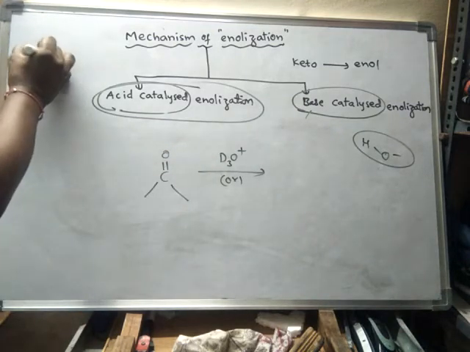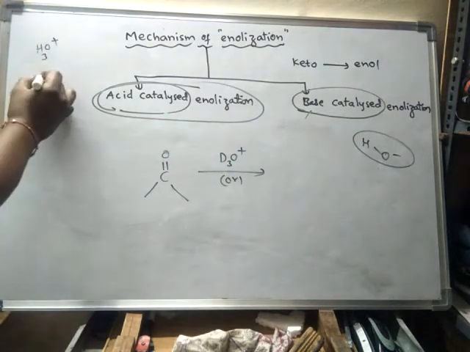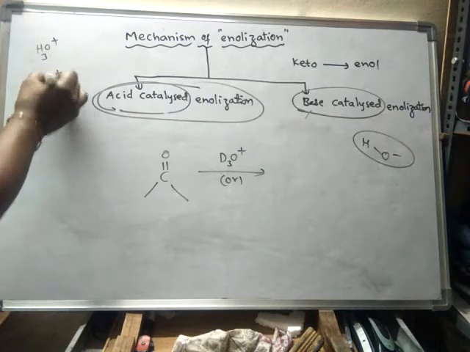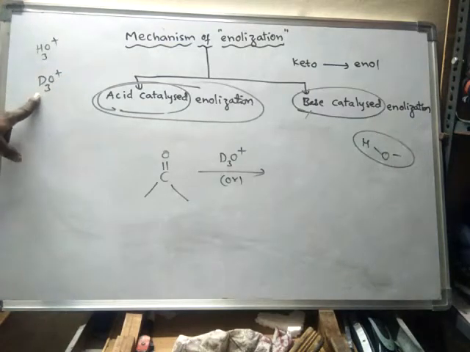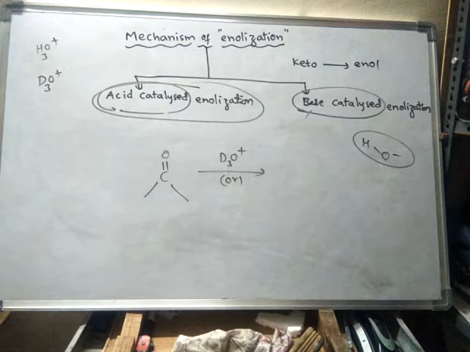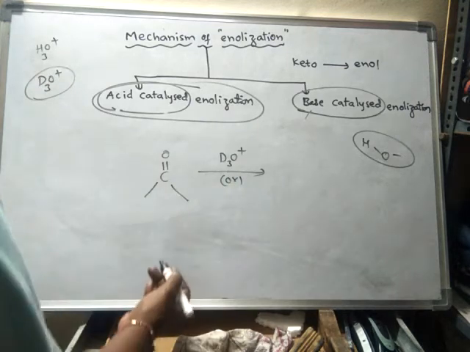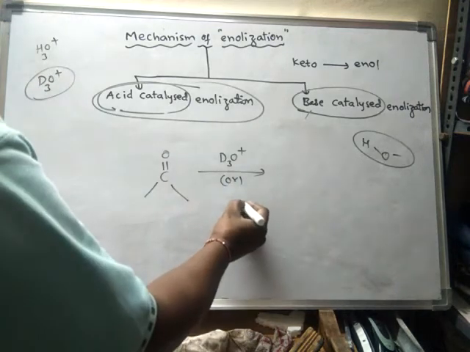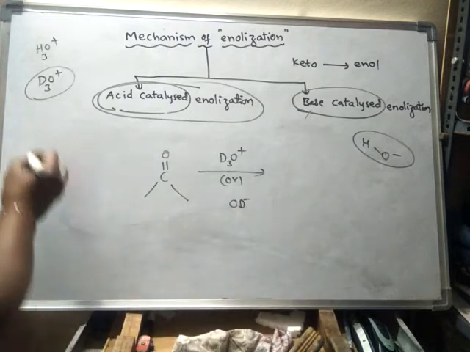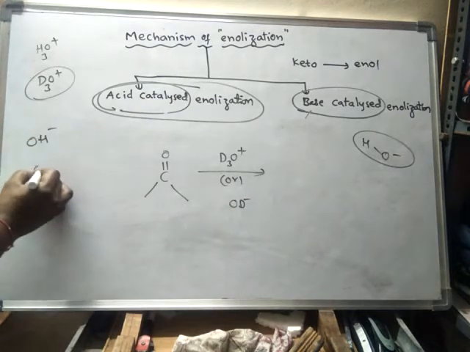Instead of H3O plus, we may use D3O plus. D3O plus means deuterium. Even deuterium is one type of hydrogen, another isotope of hydrogen. So even this is also acid, or OD minus, or else OH minus. Instead of OH minus, we may take OD minus also.